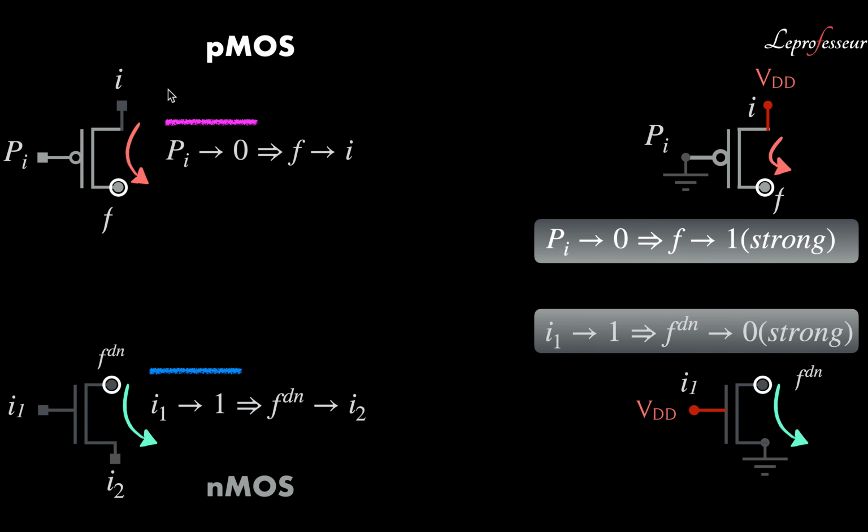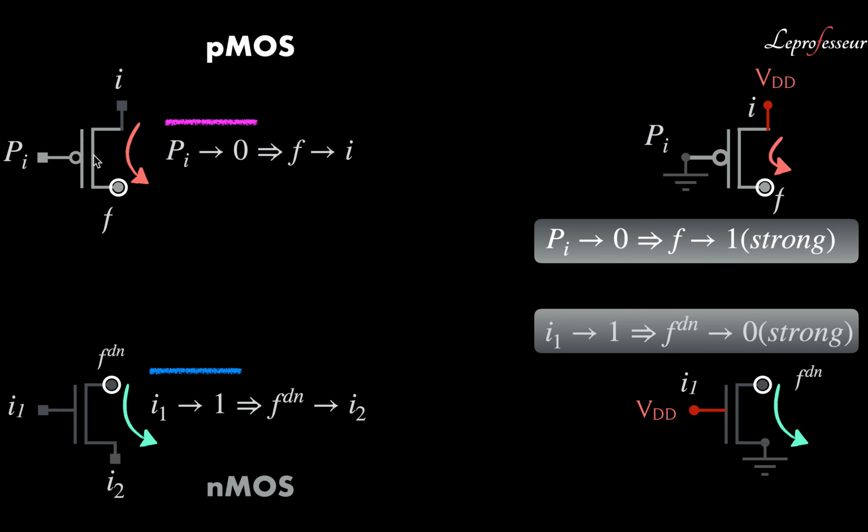Now we can formalize it a little bit more. Let's say PI is a control for the input which we are connecting from one of the terminals. Imagine that this control is a valve. Once this valve is on, the water will flow from I to F. Think about that water analogy.